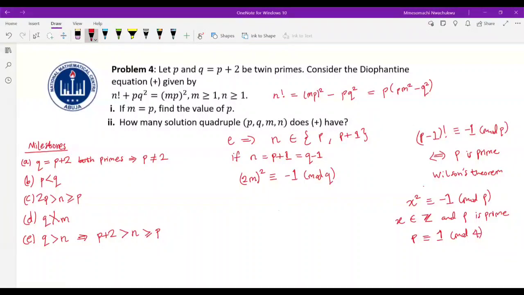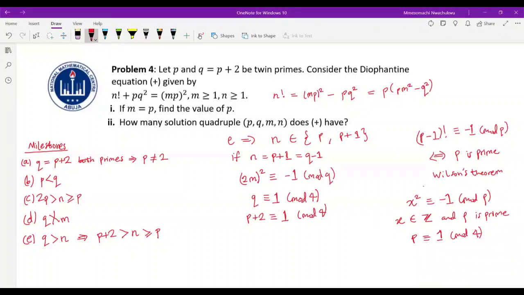So now, what does that imply? This implies that Q is congruent to 1 mod 4. So we can replace Q with P plus 2, so that P plus 2 is congruent to 1 mod 4.